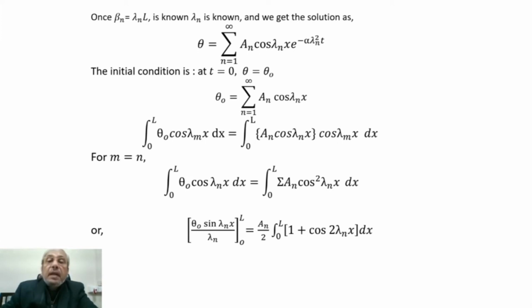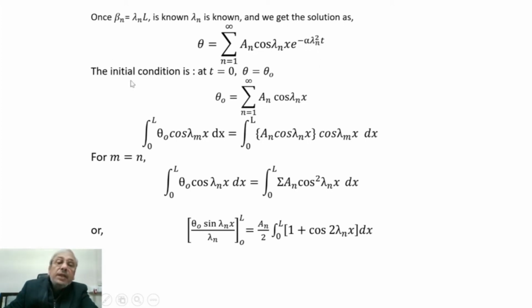And we can get the solution in the form of theta equal to summation n equals 1, 2, 3 up to infinity a n, it's a series, cos lambda n x e to the power minus alpha lambda n square t.